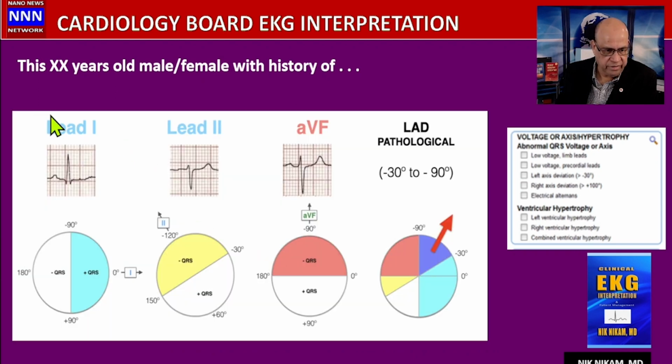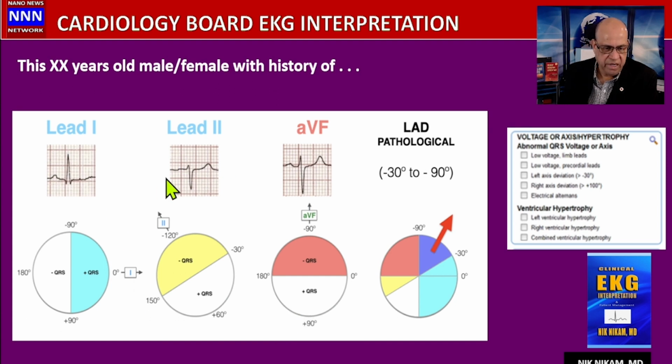Here is a little quick tip to identify the electrical axis by just looking at 3 leads. Lead 1 is positive. It is in this half of the circle. Lead 2 is positive. It is in this half of the circle. If AVF is positive, you're looking at the bottom half of the circle.